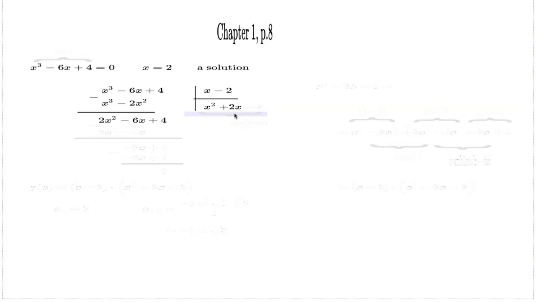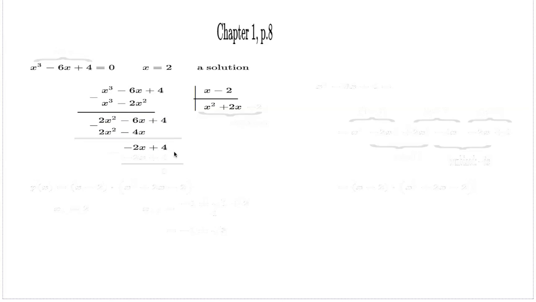If you multiply this 2x with x take 2, that's what you will get: 2x squared take 4x. If you subtract, 2x squared is now gone. Here, if you subtract 4x from negative 6x, the result will be negative 2x, and 4, I have to copy 4, just simply like so.